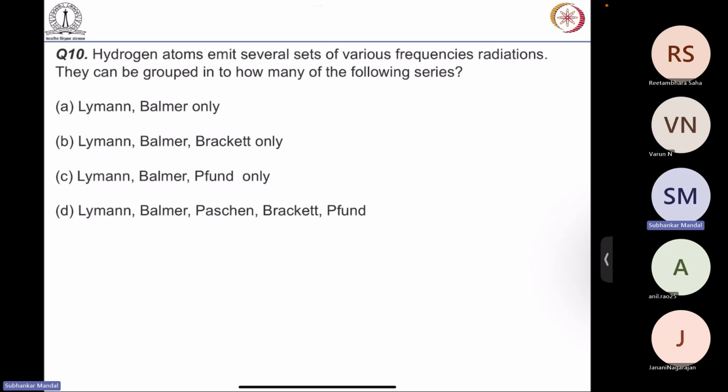The options are Lyman-Balmer only, Lyman-Balmer-Paschen only, Lyman-Balmer-Paschen-Brackett only, and Lyman-Balmer-Paschen-Brackett-Pfund. So which one will be the answer? Yeah, answer D.